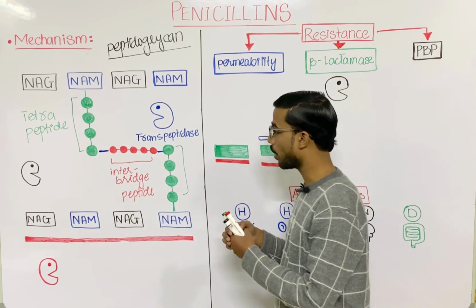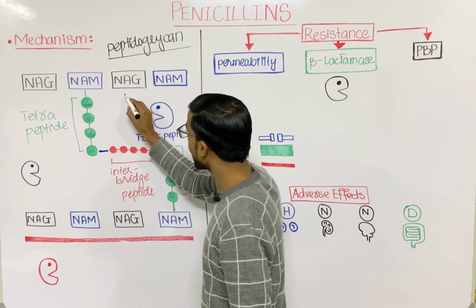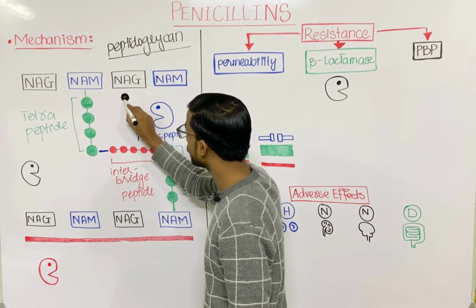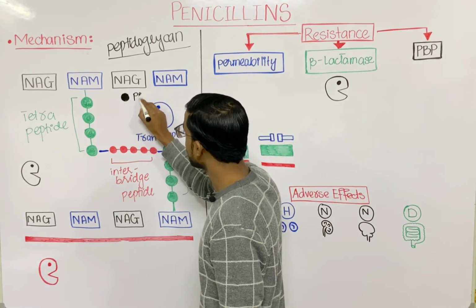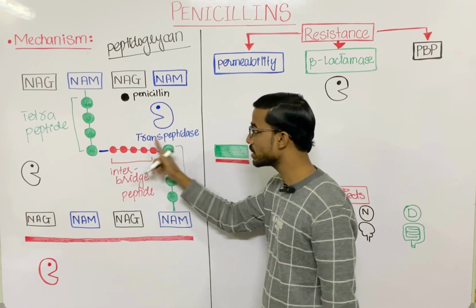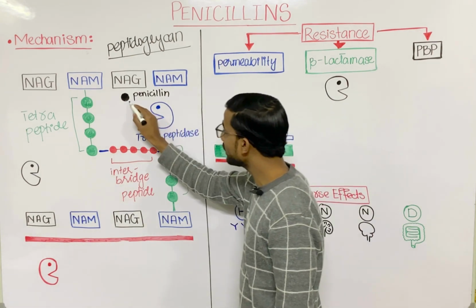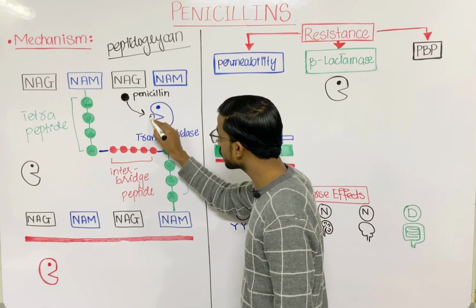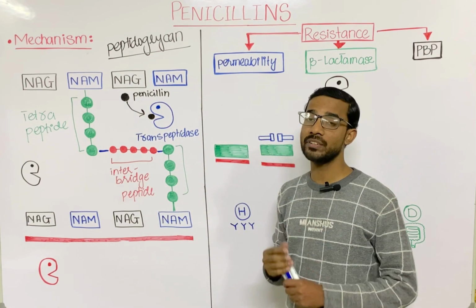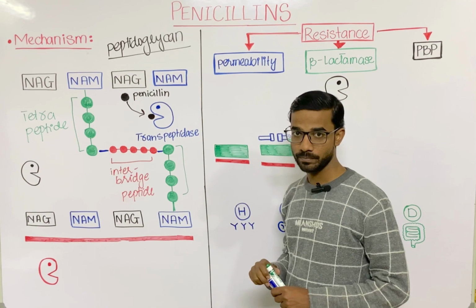So we will see how. When the penicillin enters into the bacteria, now here is the penicillin. This penicillin will bind to that enzyme, the transpeptidase. When this penicillin binds to the transpeptidase, it will inhibit the activity of the transpeptidase.